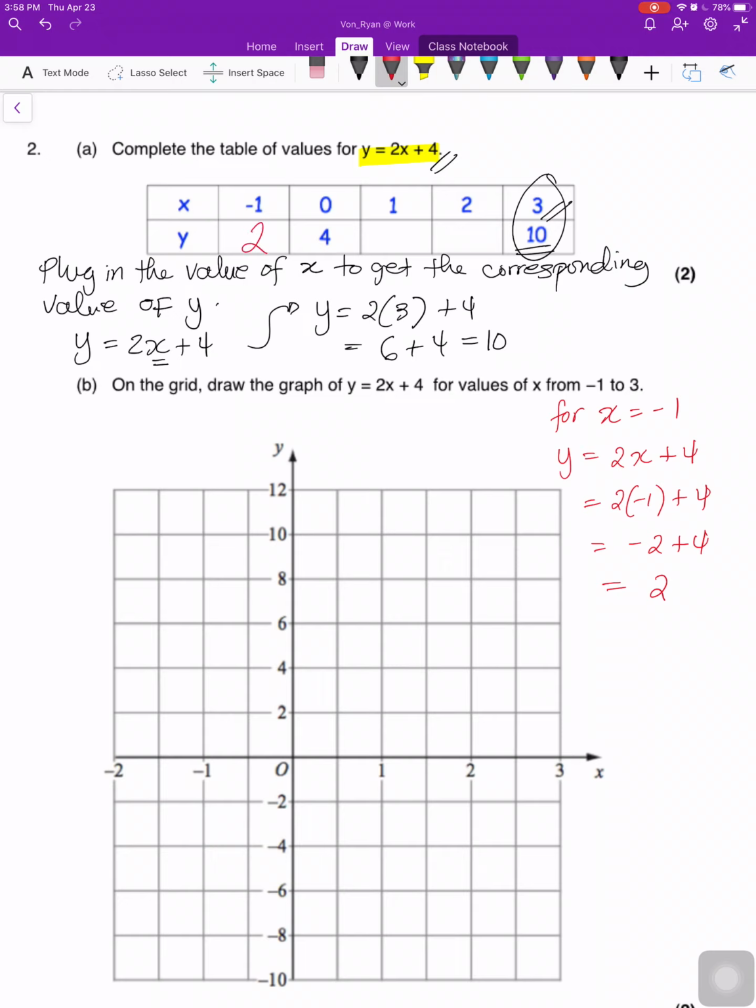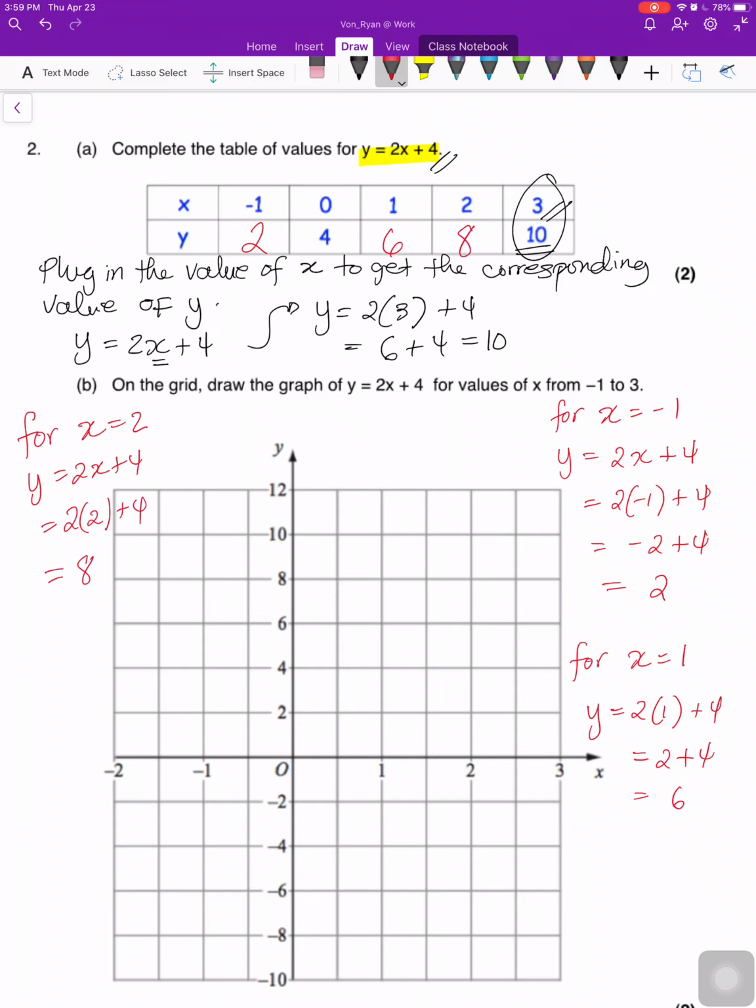For the next one, for x equals 1, y equals 2 times 1 plus 4. So it's 2 plus 4. That's +6. And then I'll write it here. For x equals 2, y equals 2x plus 4. Replace x with 2. So 2 times 2 plus 4, 4 plus 4 equals 8.